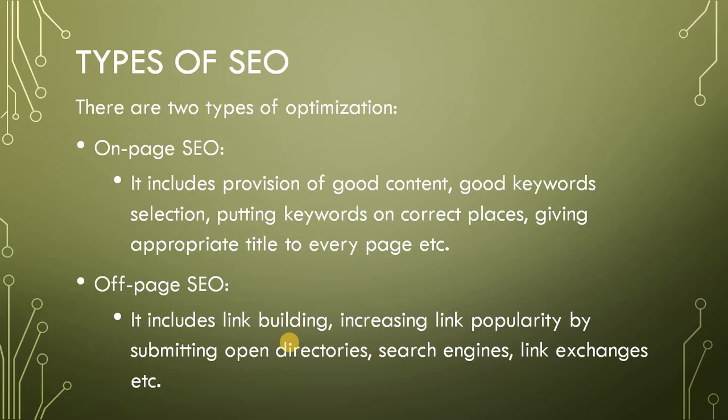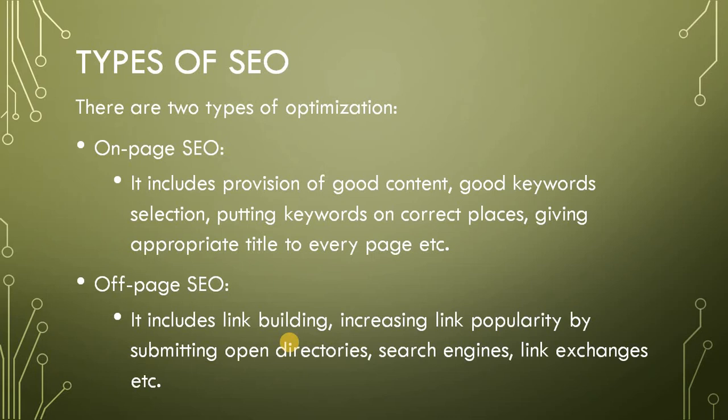Let us have a look at different types of SEO. SEO is of two types. The first one is on-page SEO. The second one is off-page SEO. On-page SEO means it is on the page, on the web page that we are creating.